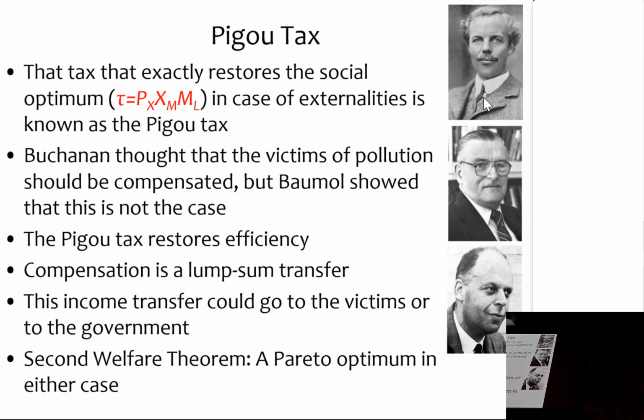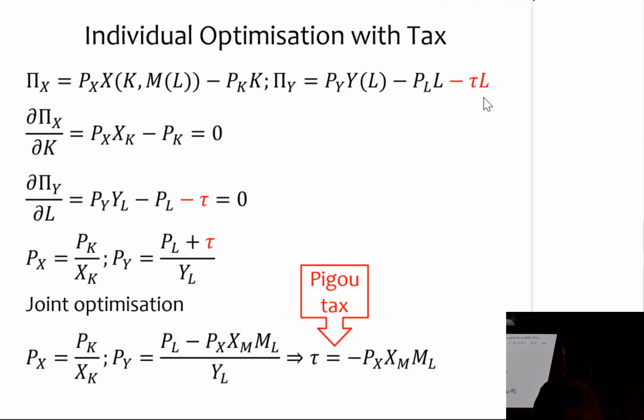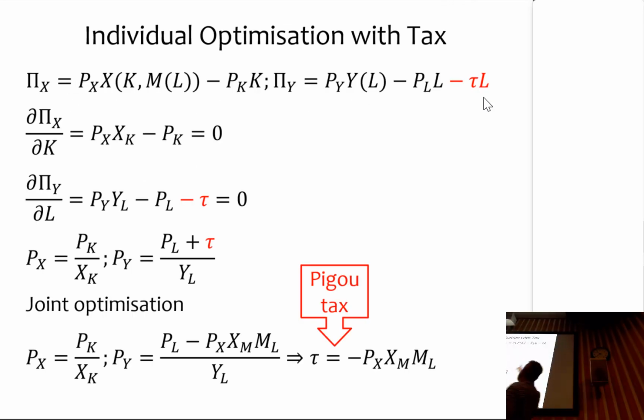Because compensation is a lump sum transfer. So the Pigou tax, the tax on your pollution, changes your behavior and therefore restores efficiency. Essentially what happens there is that wages go up, right?